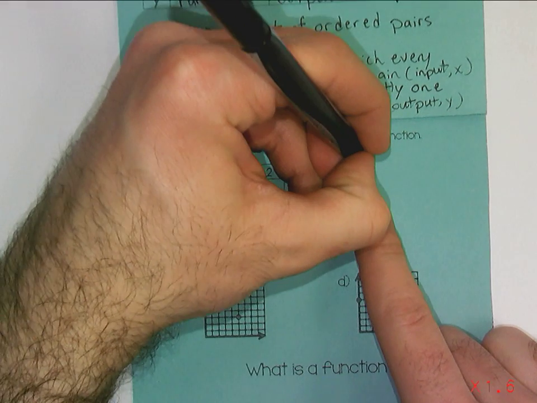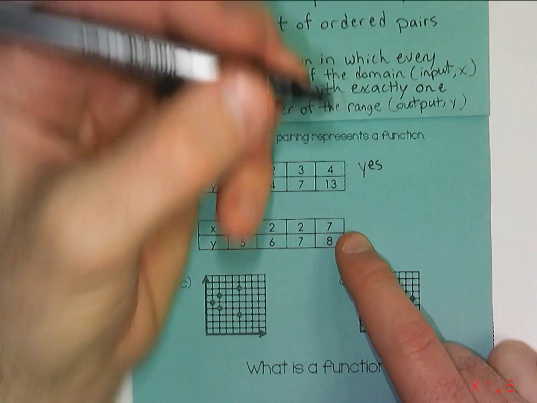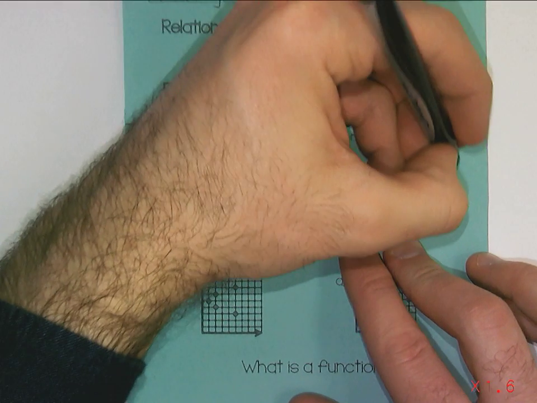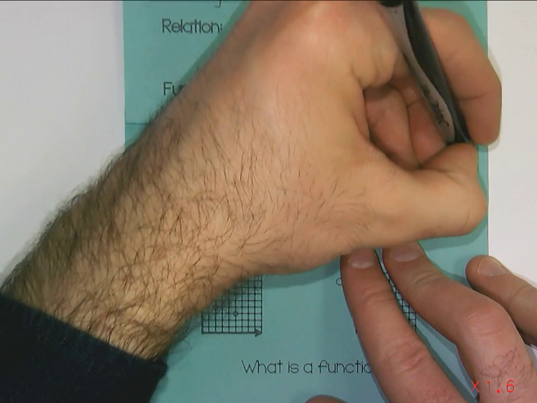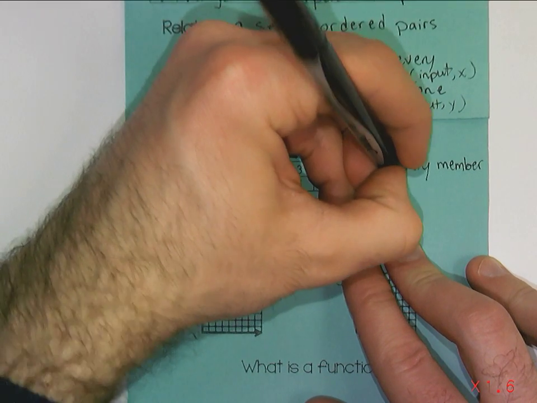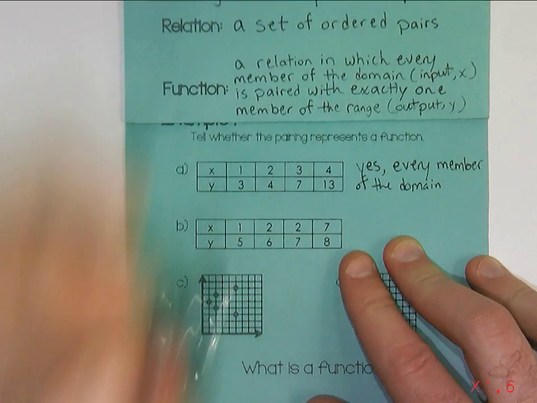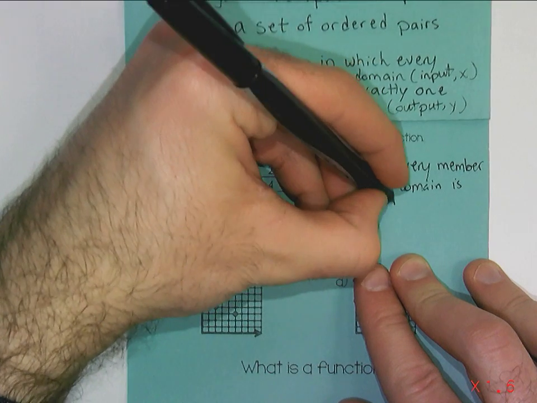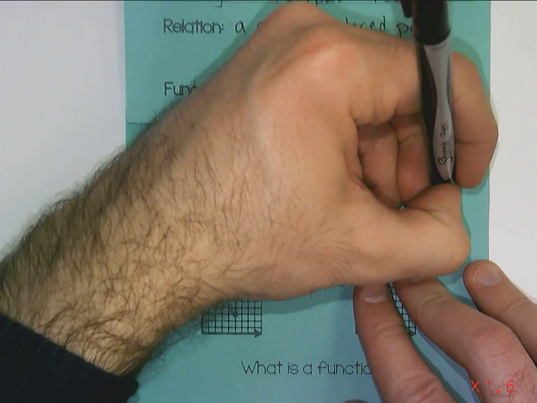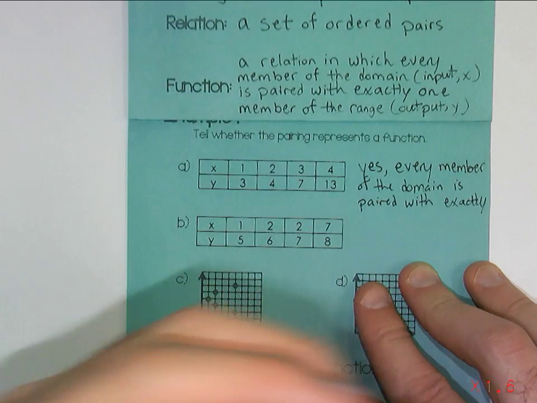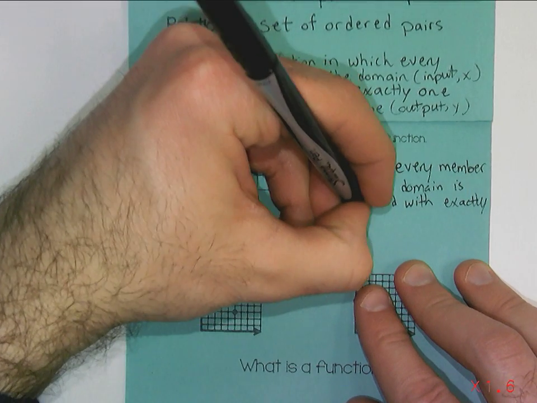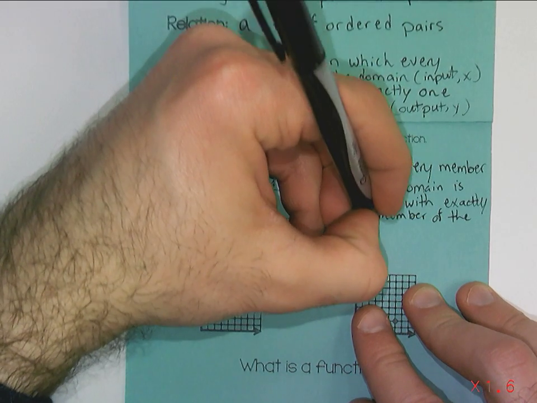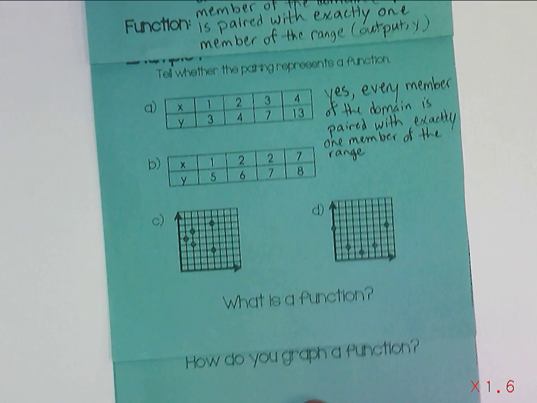And we could say yes, every member of the domain, remember that's your x values, is paired with exactly one member of the range. So we can say that yes.